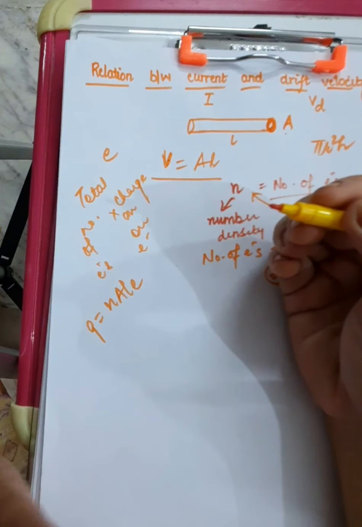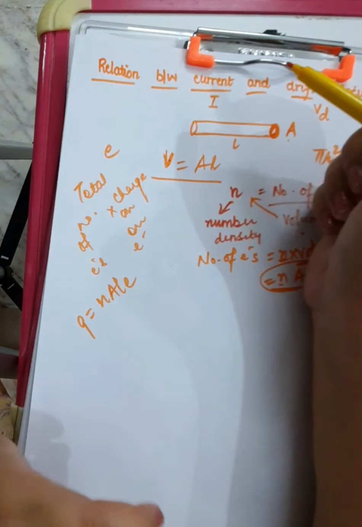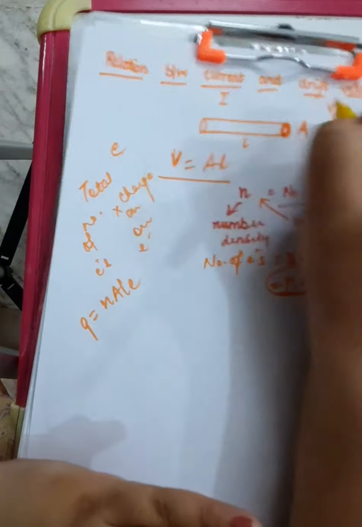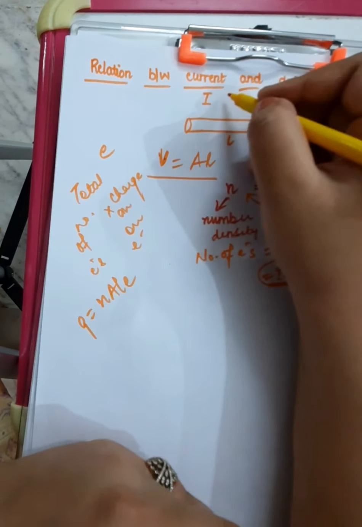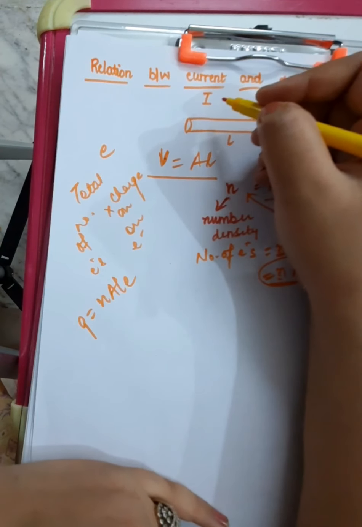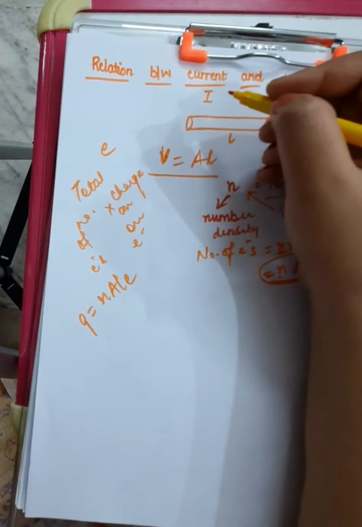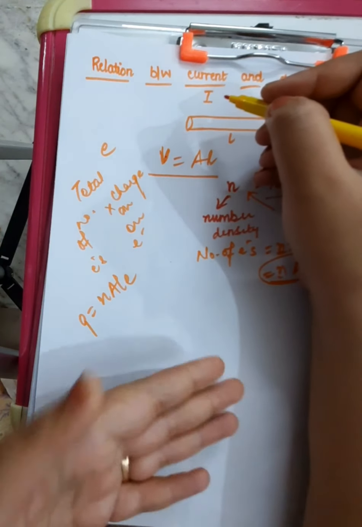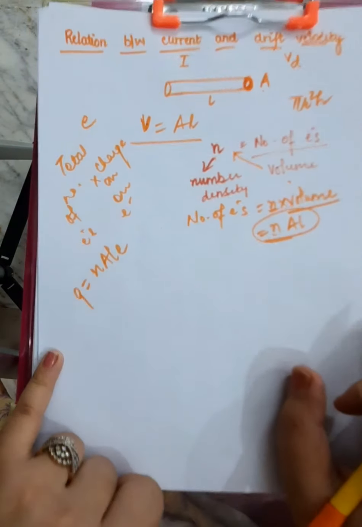Why am I doing this? I need to establish the relation between current and drift velocity, and I know that current is equal to total charge flowing per unit time. That's why I am calculating charge, because eventually I have to do Q by T. So that's why I am going into all these details.